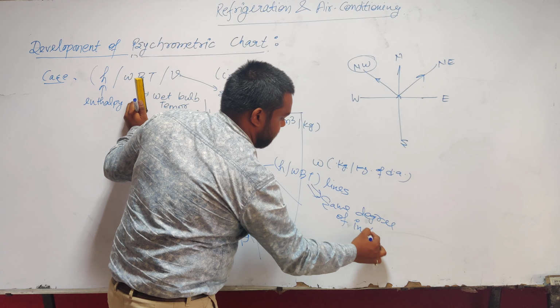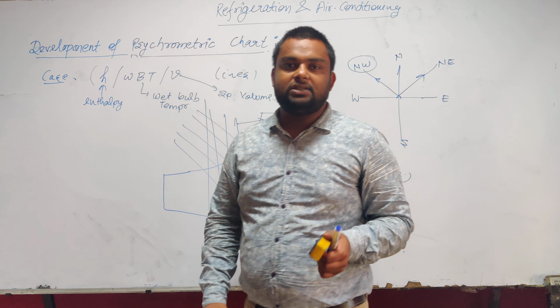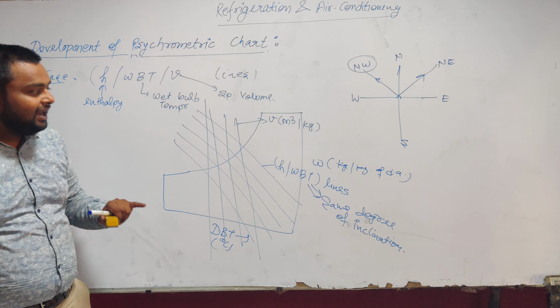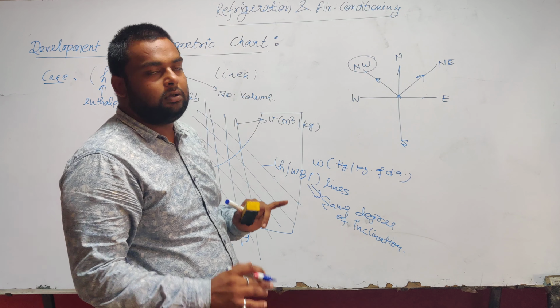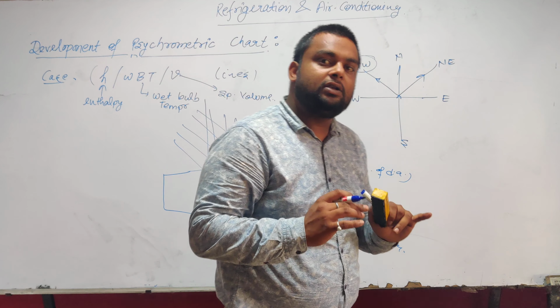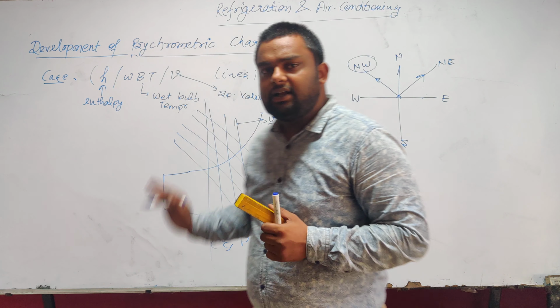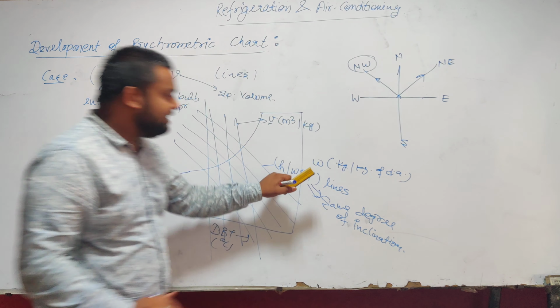Then how can we find out whether a line is constant enthalpy or constant WBT? Firstly, by seeing the unit. The other thing is that constant enthalpy lines are uniformly spaced, while WBT lines are non-uniformly spaced.